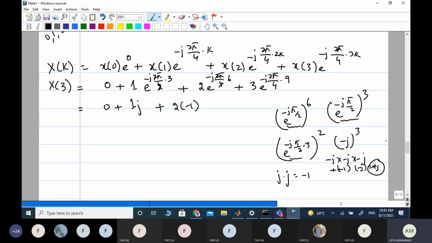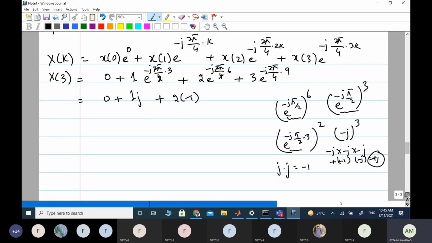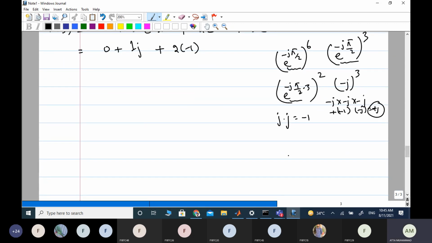Okay, and now the last term is the tricky one. So we have e to the power minus jπ by 2 whole power 9. So minus j whole power 9 we can write as minus j whole power 4 into minus j whole power 4 into minus j, right?